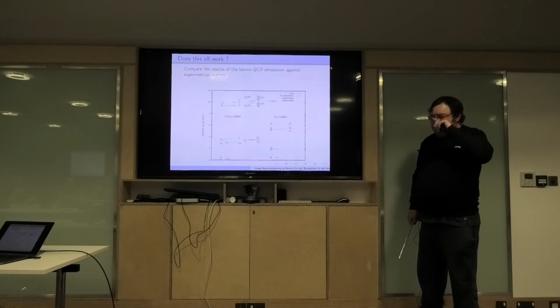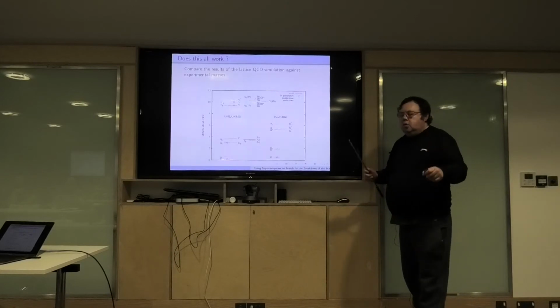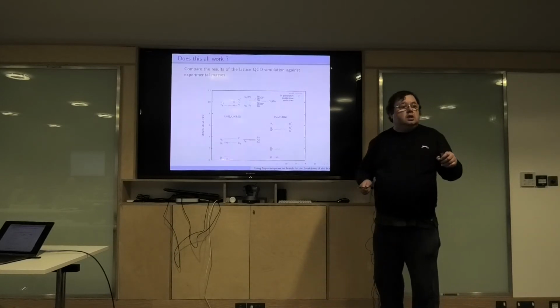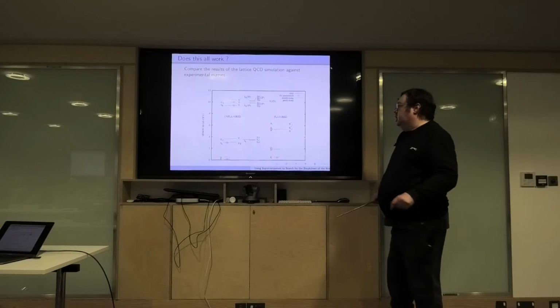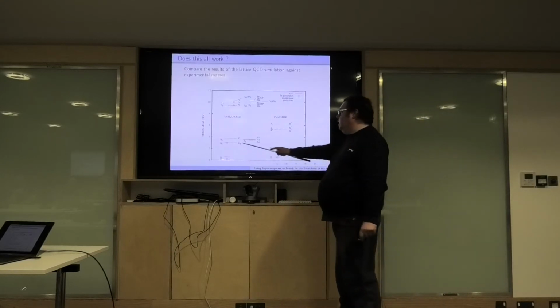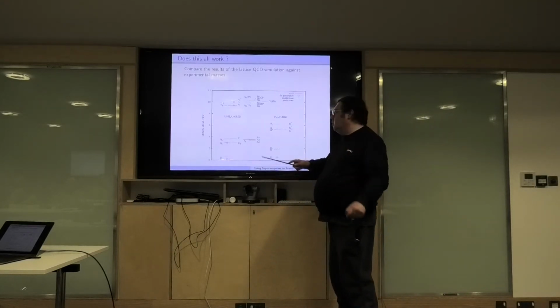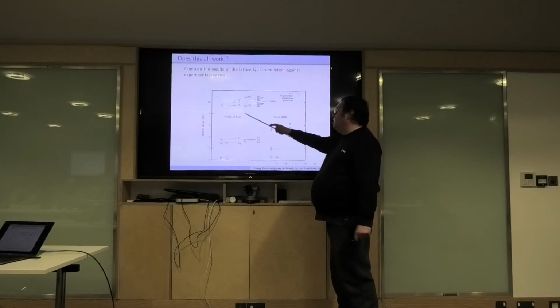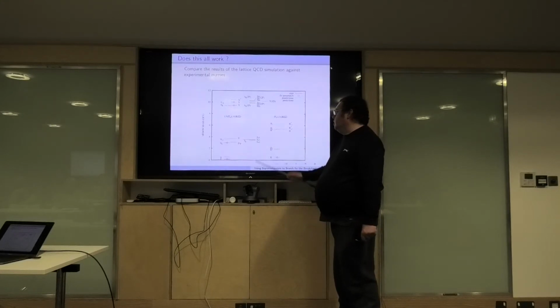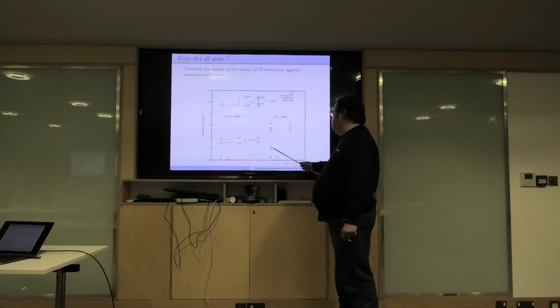Okay, so does this all work? Quarks and anti-quarks form particles called mesons, and there are experiments. This plot shows the different mesons, with charm quarks and anti-charm quarks. The red lines are the different experimental masses, and my collaborators have computed the masses of various particles, shown by the circles, the results from the lattice calculations.